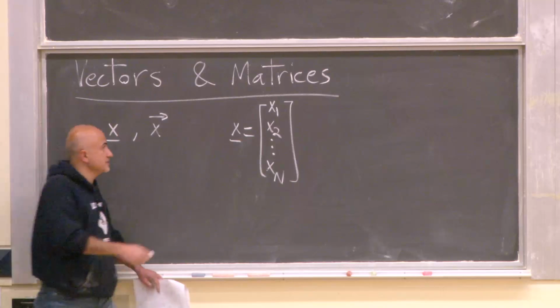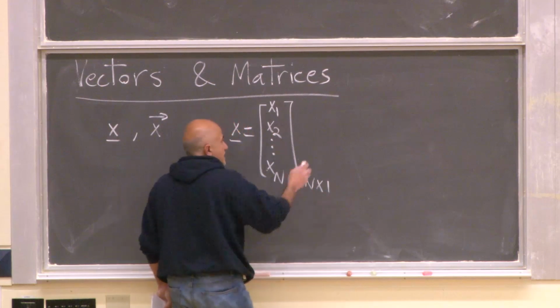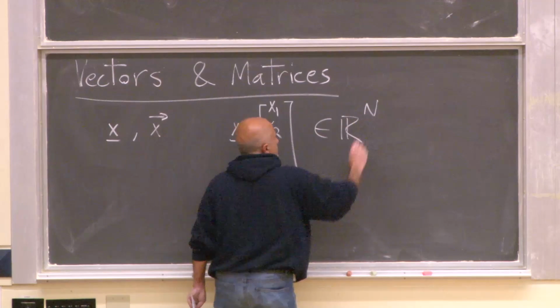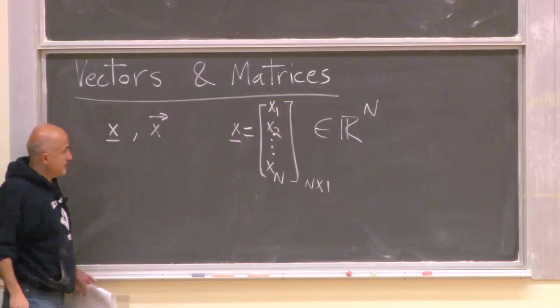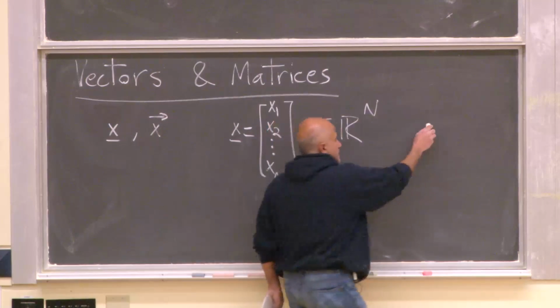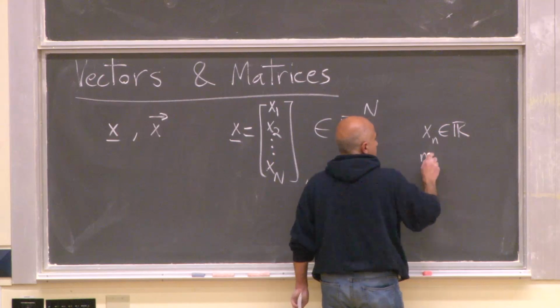Okay, so a vector X is essentially a column array of numbers where the number of entries in that column array is the dimensionality of X. So we say that the vector X belongs to Rn if it has n components, and each of those components is a real number.